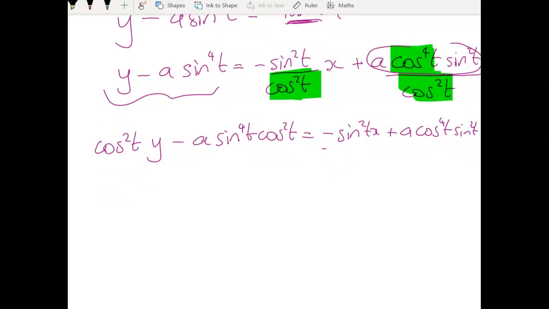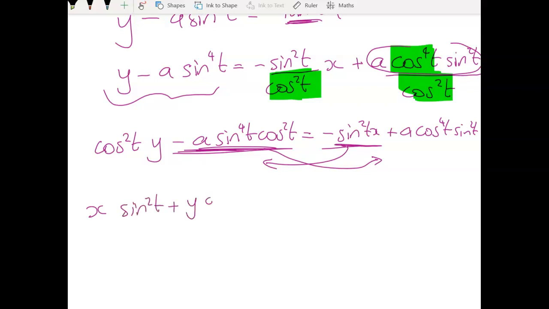Now just a little bit of rearranging. We'll get this x over to here by adding it, and we're going to add this over to here. That leaves me with x sine squared t plus y cos squared t is equal to a sine to the 4t cos squared t plus a cos to the 4t sine squared t.